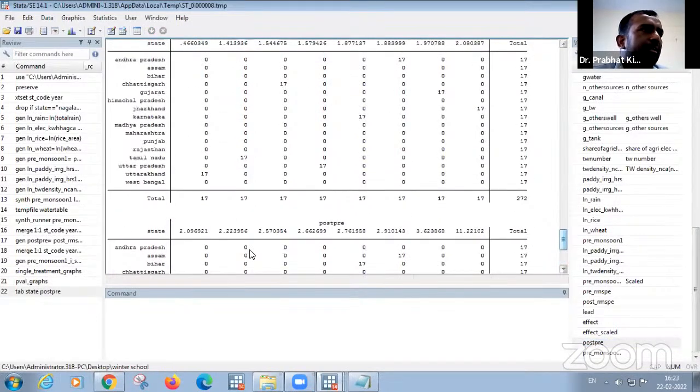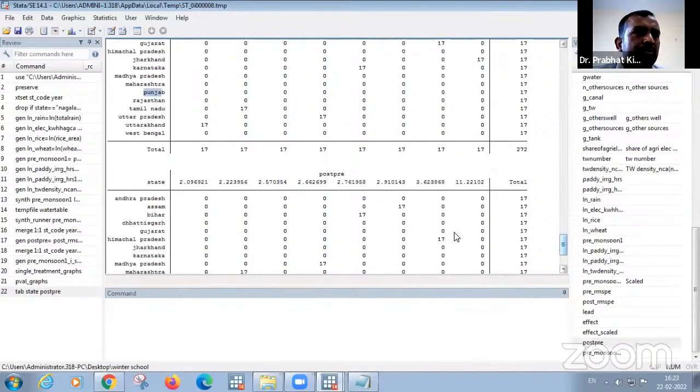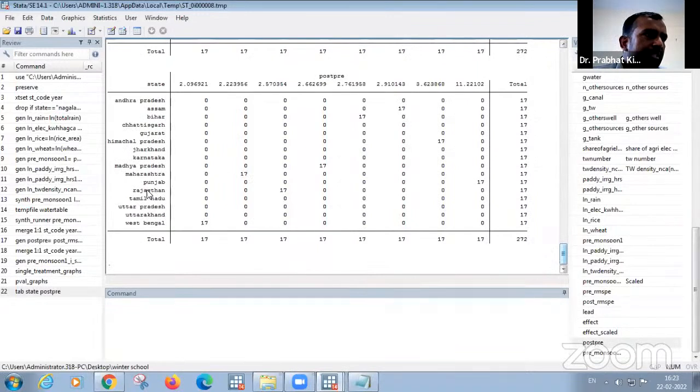If you see it here, we are very much interested in Punjab. The highest value is 11.22, which is for Punjab, with a post and pre ratio much higher than the others. The second number is Himachal Pradesh.